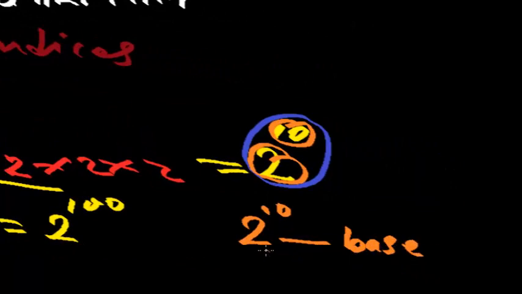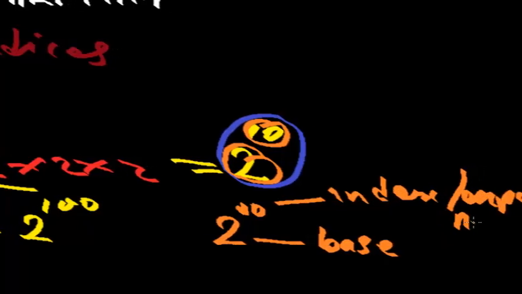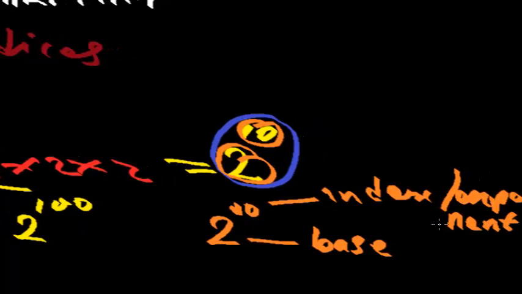We call the 2 the base, and then the number on top, the 10, or whatever number is on top, we call it the index or exponent. So we have 2 called the base, then we have 10 to be the index or exponent or the power of the compound number that we have here.